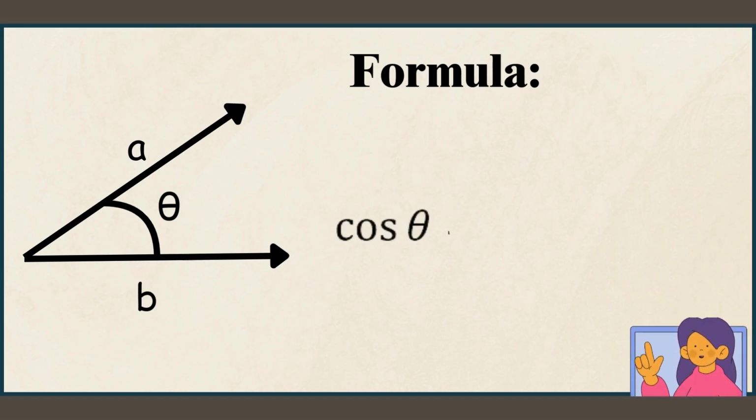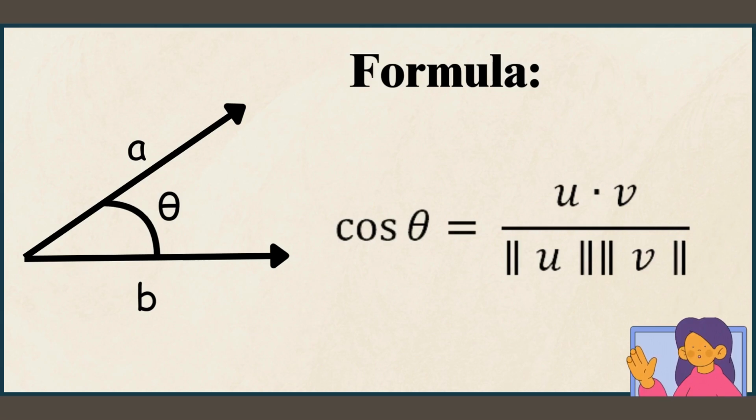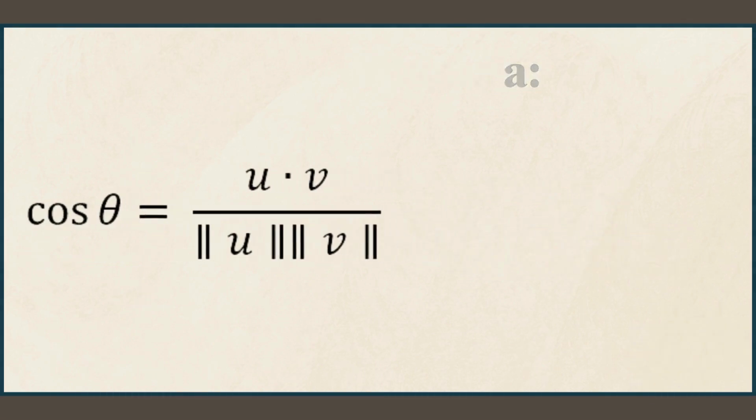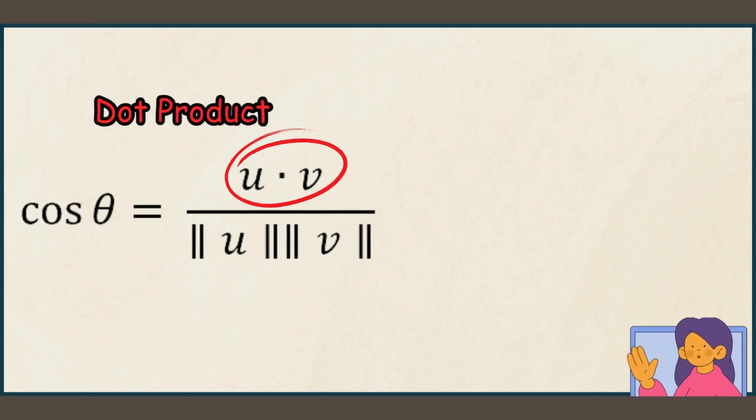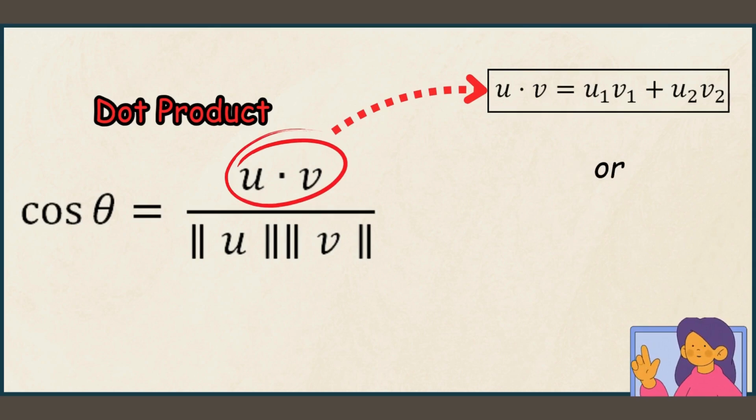We use the magnitude of vector and dot product to find the angle. So basically, the numerator, which is u dot v, is called the dot product. It is found by multiplying the corresponding components of the vectors and adding them together.